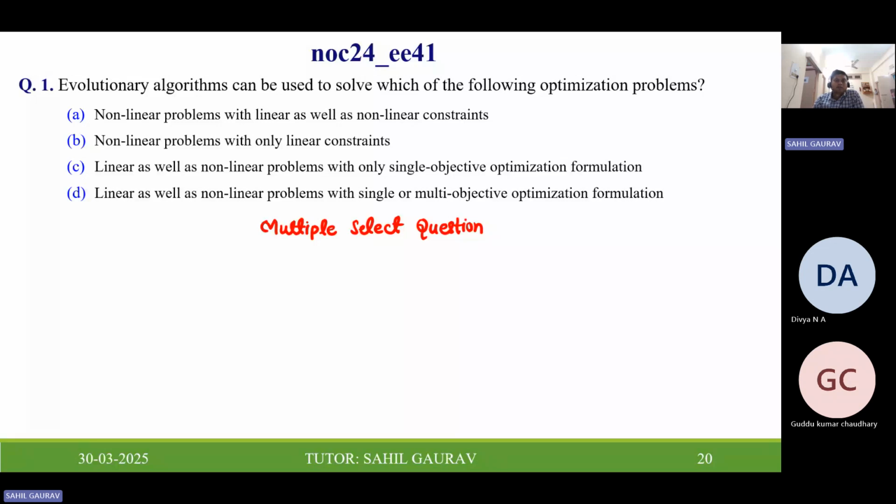A option is nonlinear problems with linear as well as nonlinear constraints. B option is nonlinear problems with only linear constraints. C option is linear as well as nonlinear problems with only single objective optimization formulation. D option is linear as well as nonlinear problems with single or multi-objective optimization formulation. Those who know the answer, you can type in the chat box and then we will match your answer.